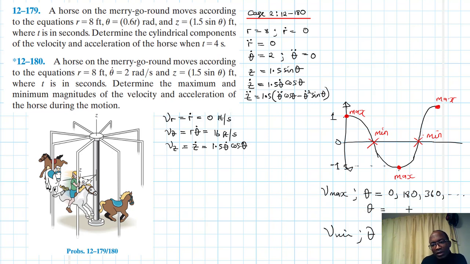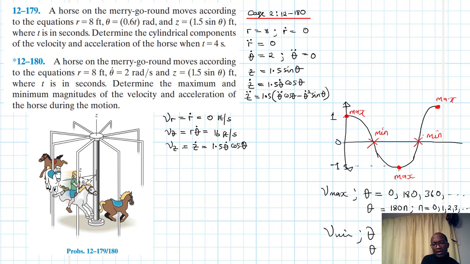So we can say theta is equal to 180 n, where n is equal to 0, 1, 2, 3, and so on. Then here we can say theta is equal to 90 n, where n is equal to 1, then 3, then 5, and so on.